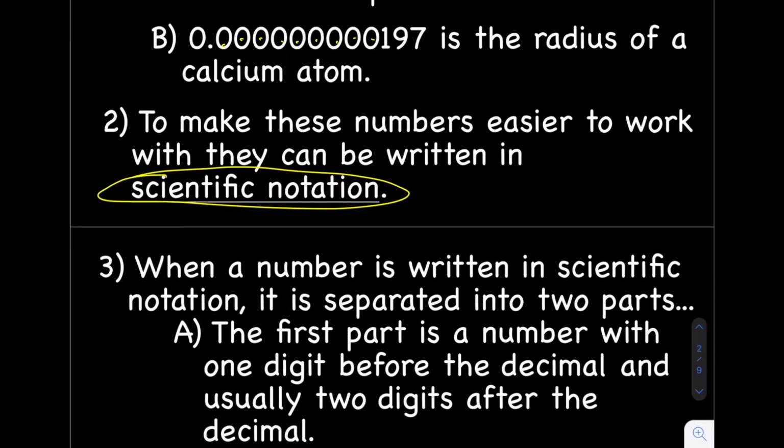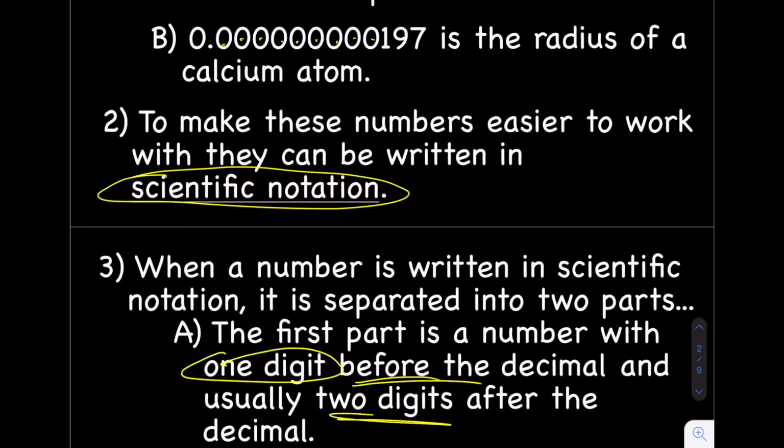When a number is written in scientific notation, we separate the number into two parts. The first part is a number with one digit before the decimal and usually 2 digits after the decimal.